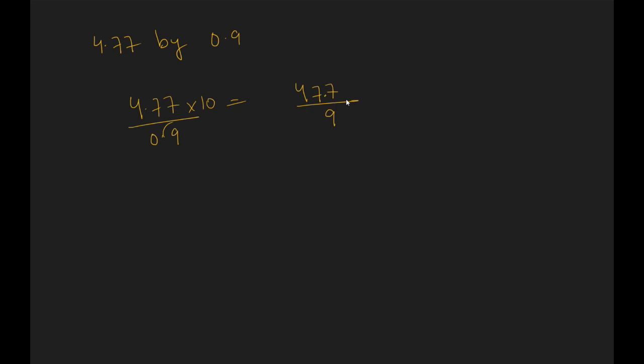And now you divide. So 47.7 divided by 9. So 9 5s are 45. The decimal goes up. 9 3s are 27. 5.3 is your answer. This is the way by which you can also do it.